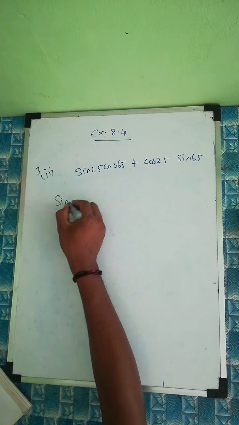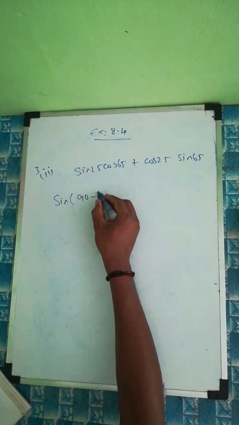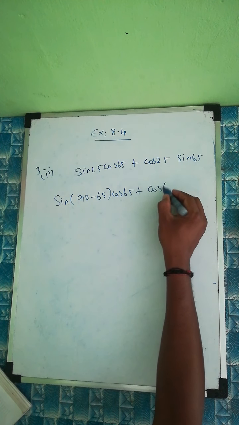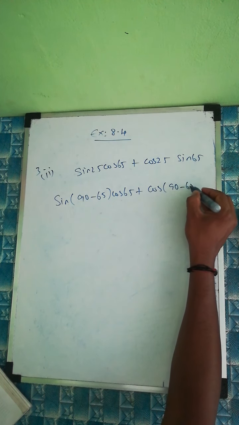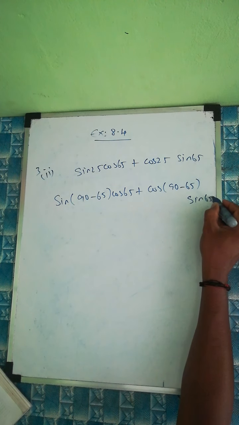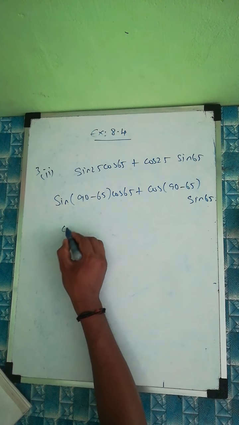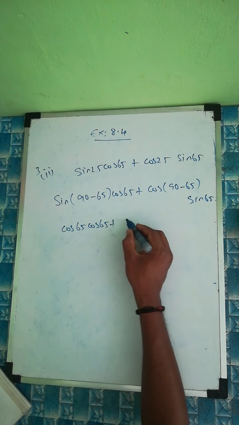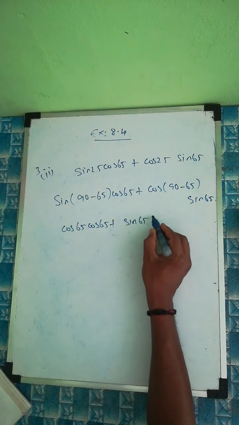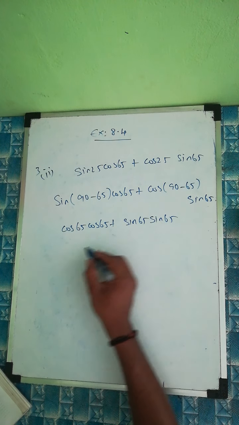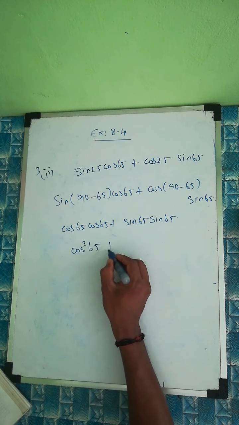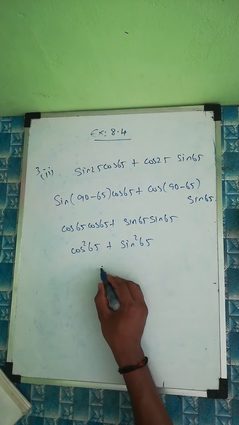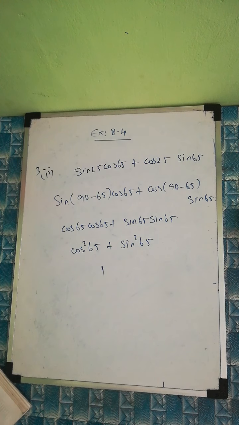Sine 25 we can change to cos 90 minus 65, which is cos 65, and cos 65 we just keep. Cos 25 is sine 90 minus 65, which is sine 65, again. Using sine 90 minus A is cos A, and cos 90 minus A is sine A, we get cos square 65 plus sine square 65. So the answer is sine square plus cos square, which is 1.